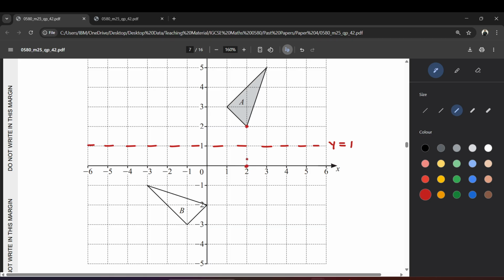So this point will reflect over here. This point from the mirror line is 2 units. So again, from here, it should be 2 units. 1, 2. This point is 1, 2, 3, 4 units. So again, 1, 2, 3, and 4 units. So now we can join these points.